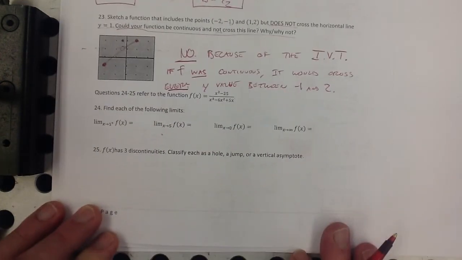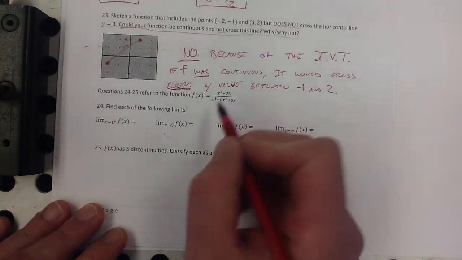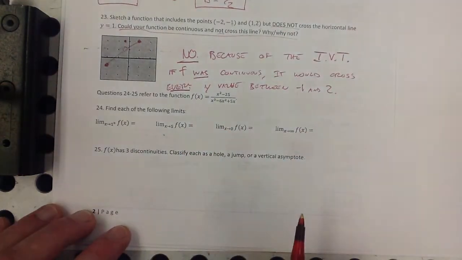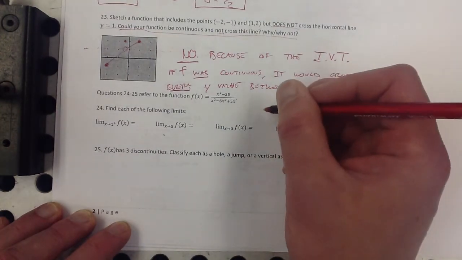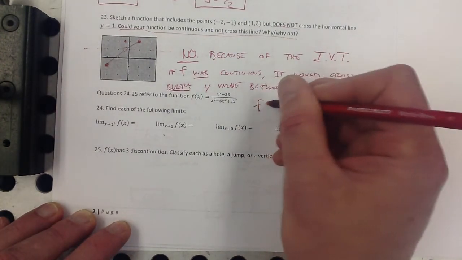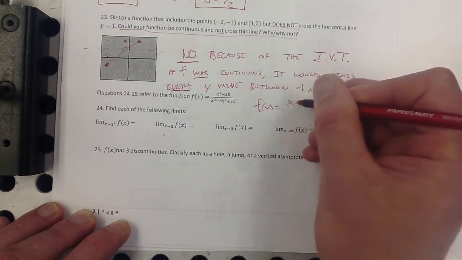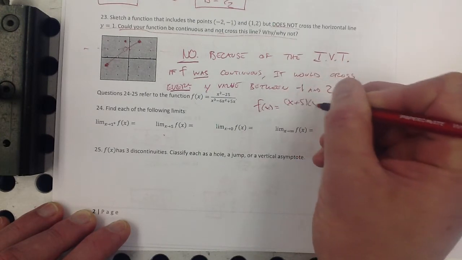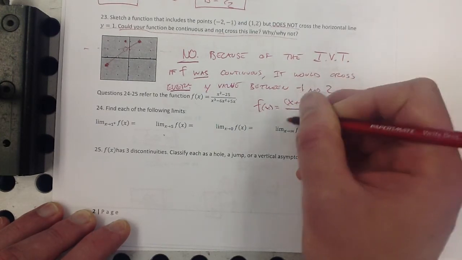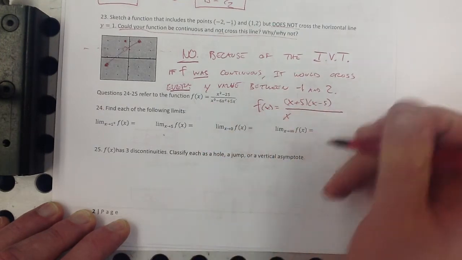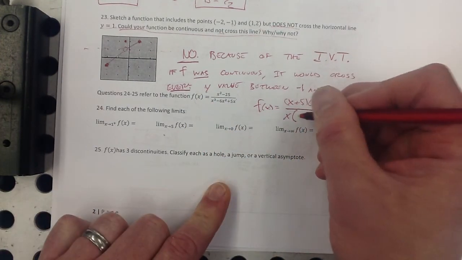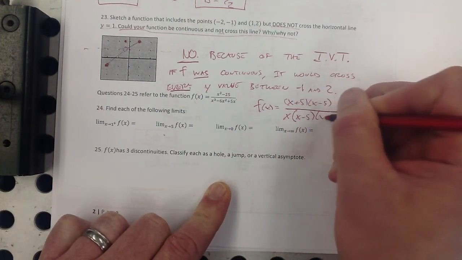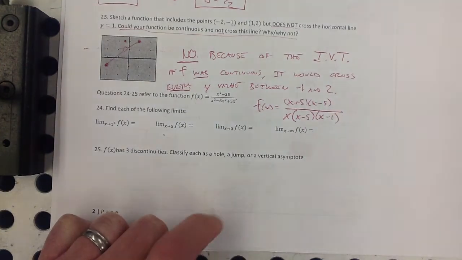All right, last couple of questions here refer to this function, which looks like it's just dying to be factored. So let's do that. So f of x is equal to x plus 5 times x minus 5 over, factor out an x from those, and then x minus 5 is x minus 1.